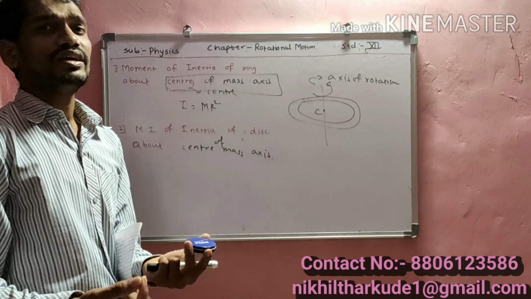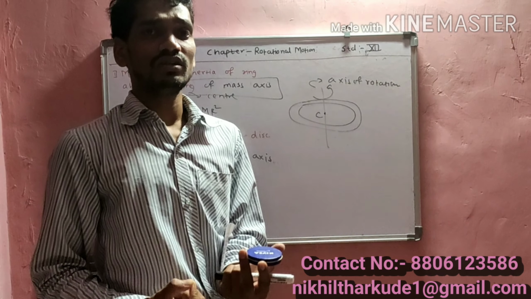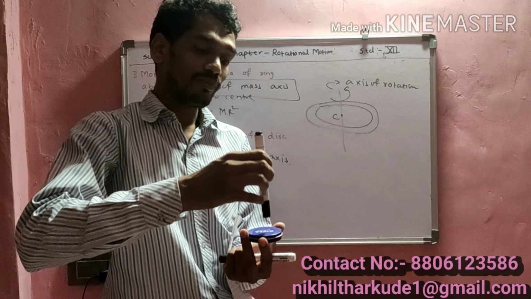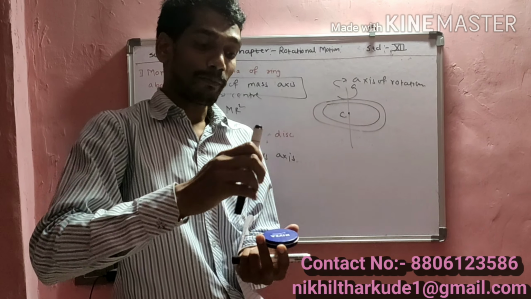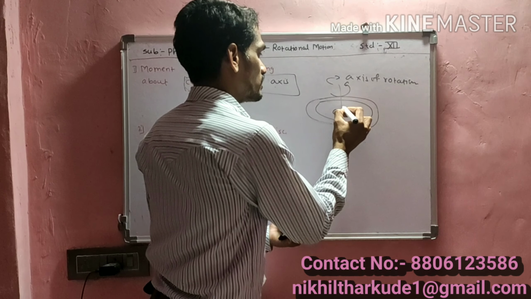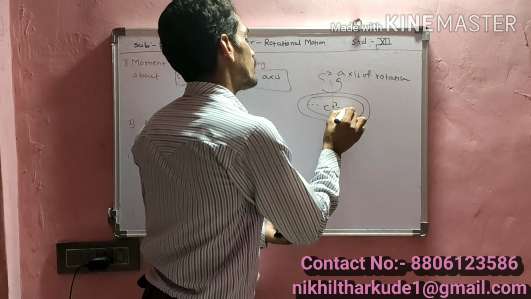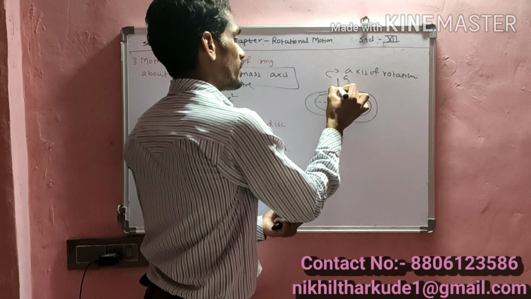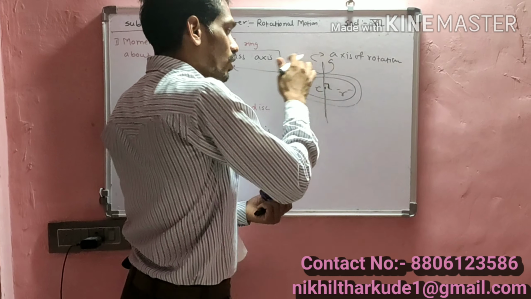Ring and disc have their own center, and the center of mass axis is nothing but the line passing through the center and perpendicular to the body. This axis must be perpendicular to the whole body.